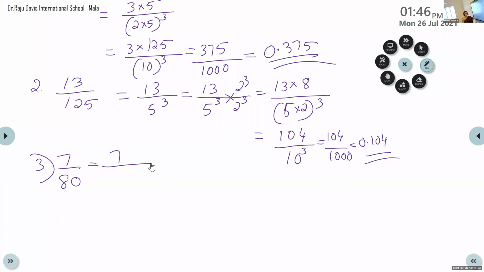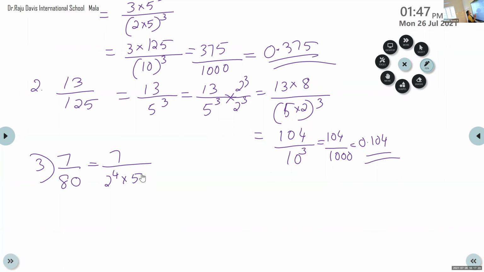The prime factors of 80 are 2 raised to 4 into 5.